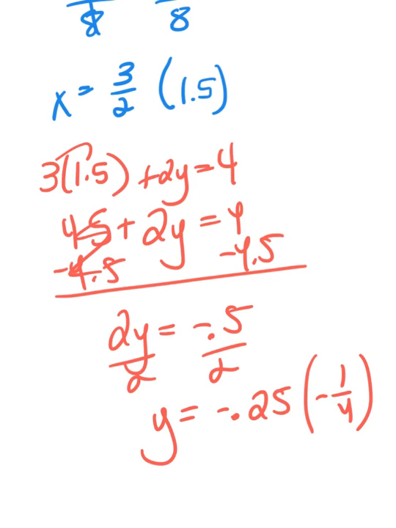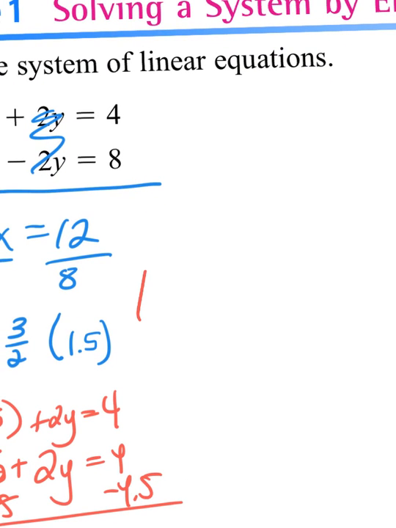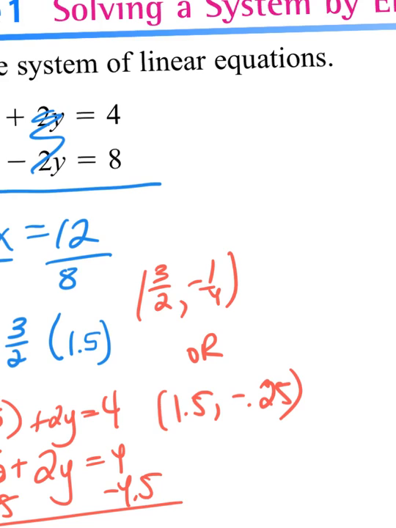Everybody agree? So you found your solution to be 3/2, -1/4, or you could write it as 1.5, -0.25. Everybody with me? You need to check to make sure that your solution set satisfies both equations.